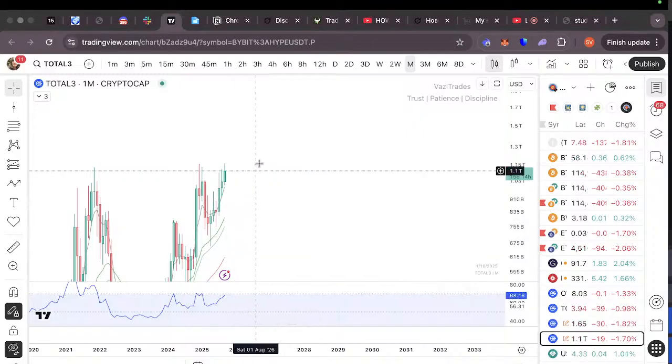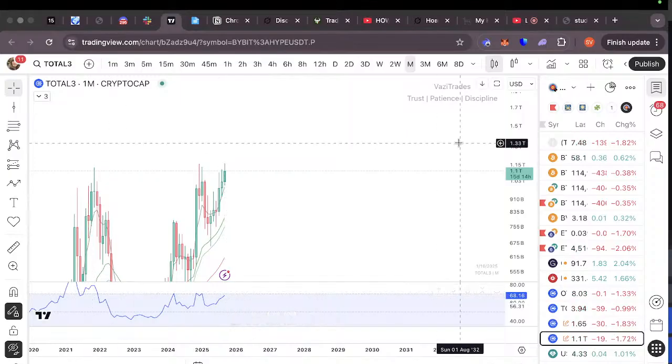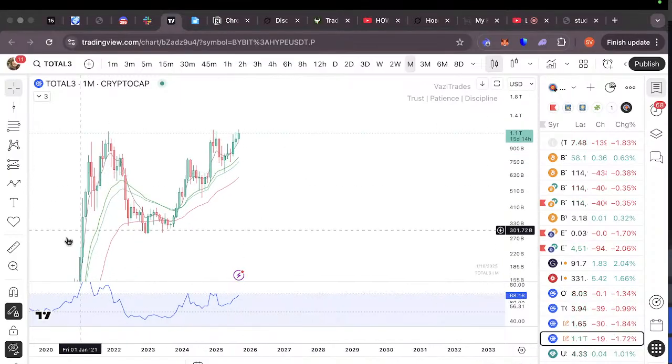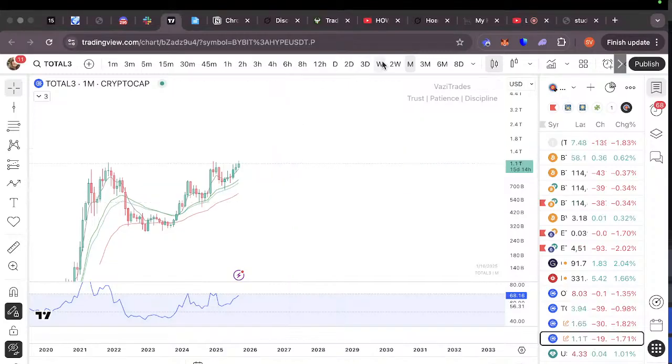It would be nice to see a breakout above the 70. This will trigger the alt season that we are waiting for. This crazy pump that we can see in this area, we can have the same here once RSI flips above 70. So far it's still below.